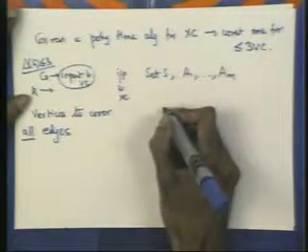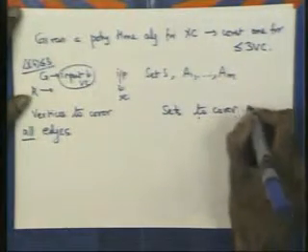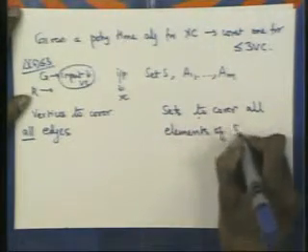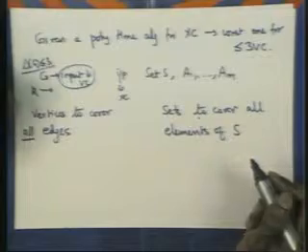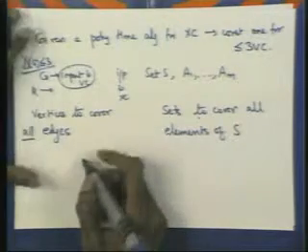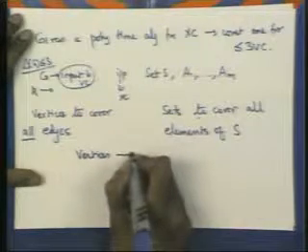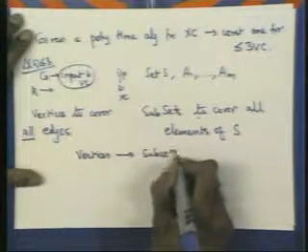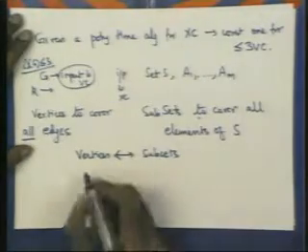Here I want sets to cover all elements, where by sets I mean sets from this collection A1 through AM. So there must be some relationship between vertices and these subsets. There must be some correspondence here, and edges must correspond to elements of S.